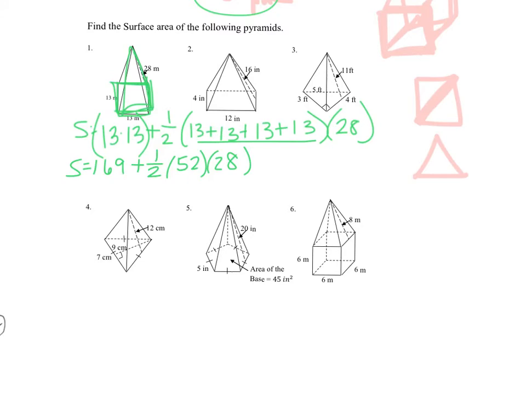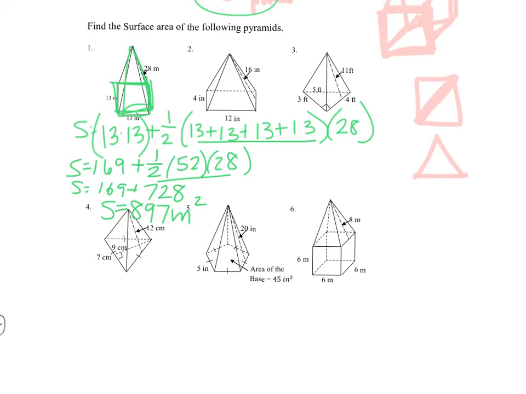And now I'm going to solve this side first because we have to multiply before we add. So surface area equals 169 plus 728. And then our final answer, when we add those two together, is going to be 897 meters squared.